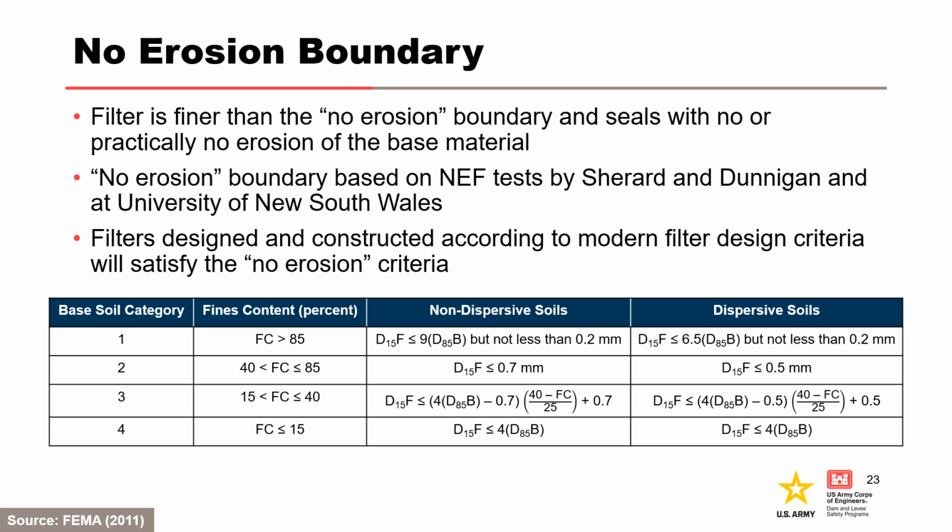The D15 of the filter is compared to the D85 of the base for various ranges of fines content represented by the base soil category. The no erosion filter design criteria for dispersive soils is more stringent, as shown at the right of the table. If a filter fails the no erosion screening, then evaluate the other erosion boundaries using Foster and Fell 2001 to assess how much erosion is required for self-filtering to occur and whether it can be tolerated.